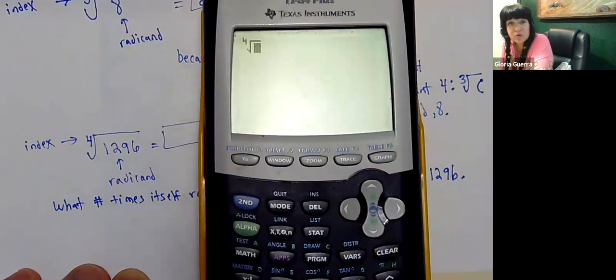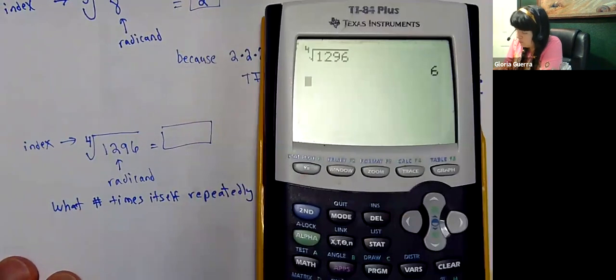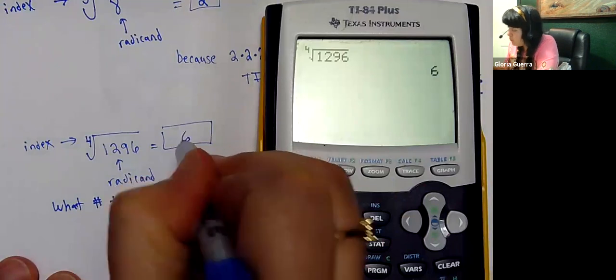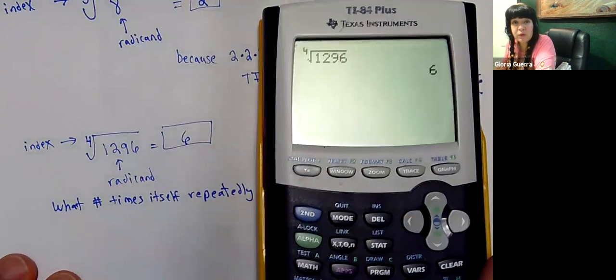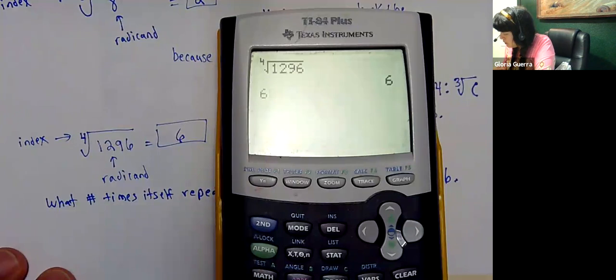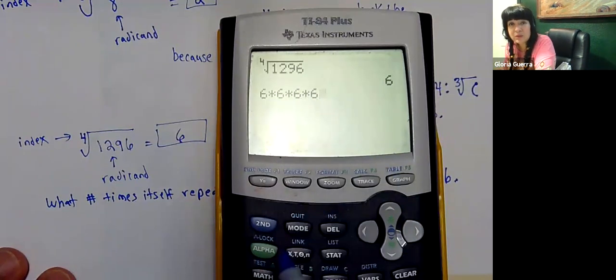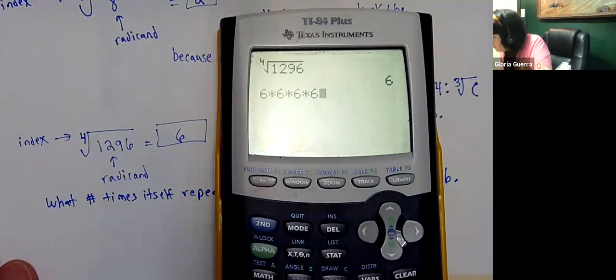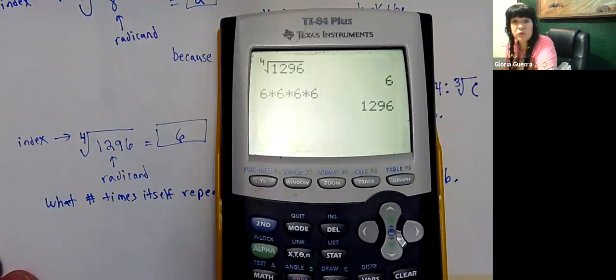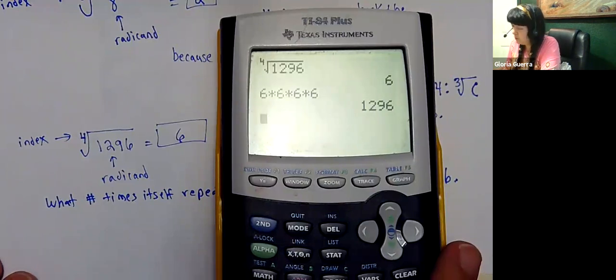See that X now turns into a 4, and then I type 1296, the radicand, and then hit enter. And it turns out that the answer is 6. And the reason it's 6 is because if I check my work, 6 times 6 times 6 times 6, so 1, 2, 3, 4, gives me 1,296.